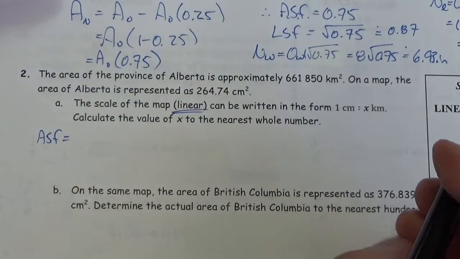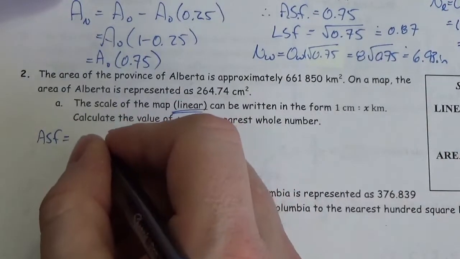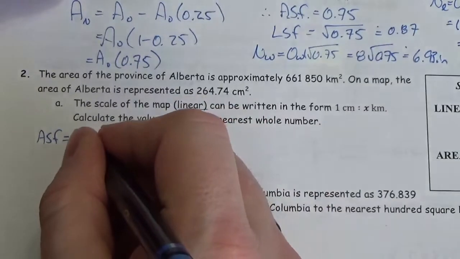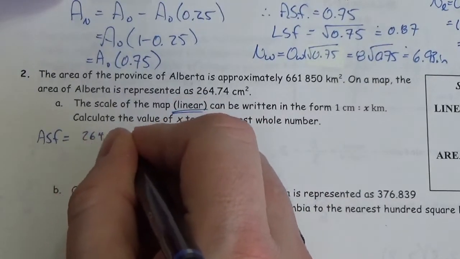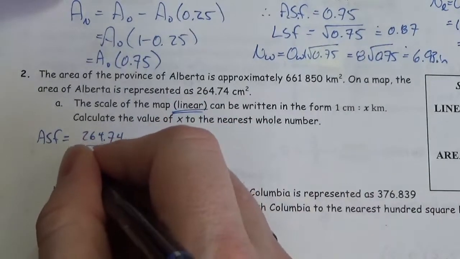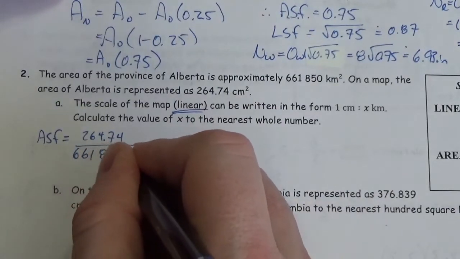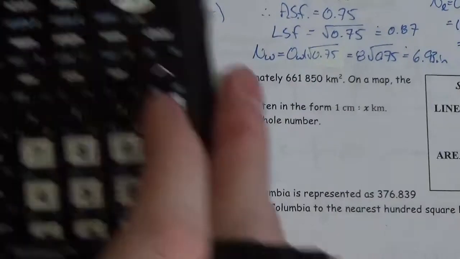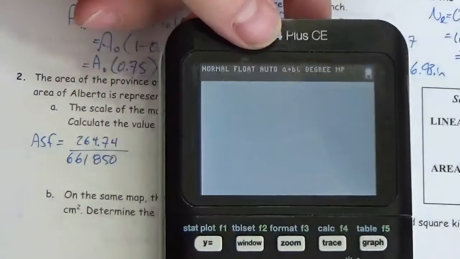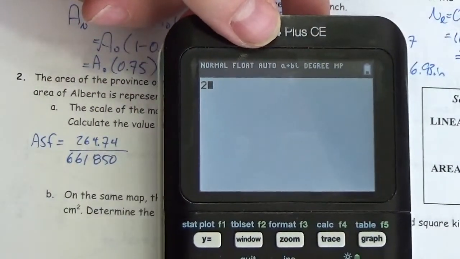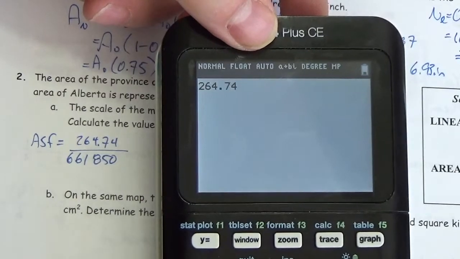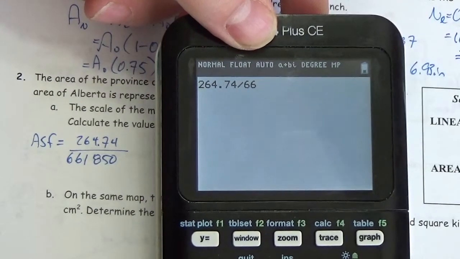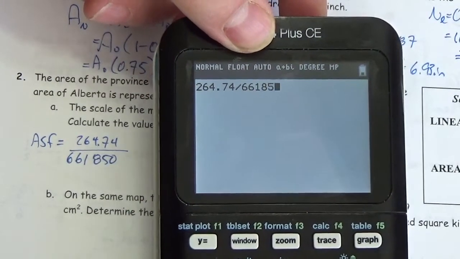Okay, and so our model here is going to be 264.74 divided by 661,850. Okay, and when we do that, let's figure that out here. So on my calculator, that's going to be 264.74 divided by 661,850.